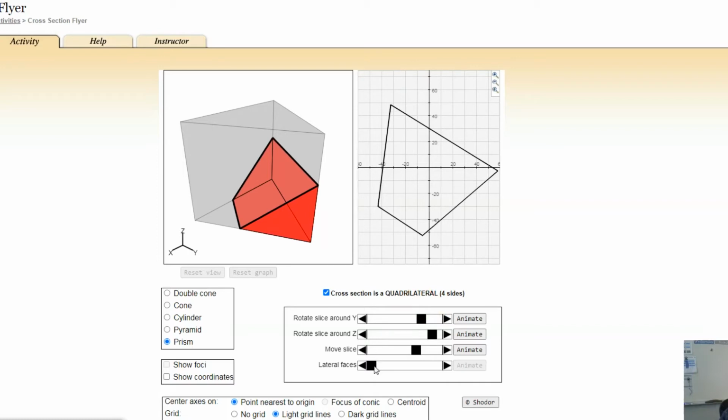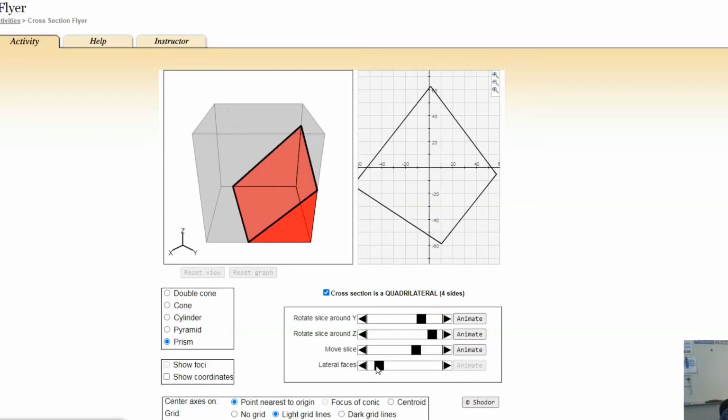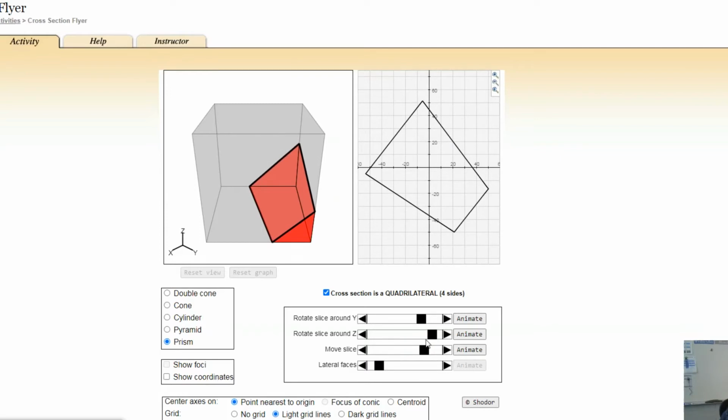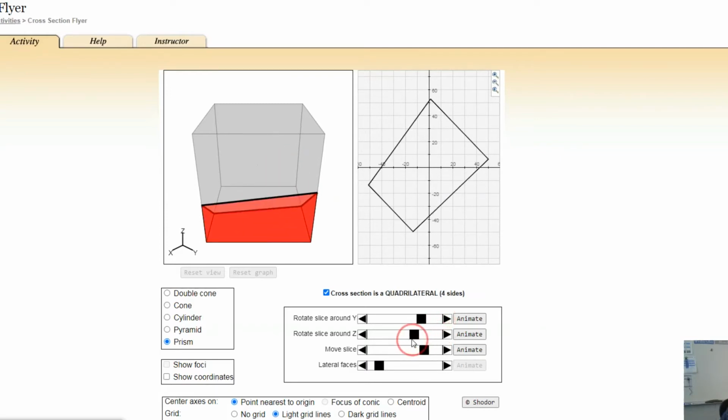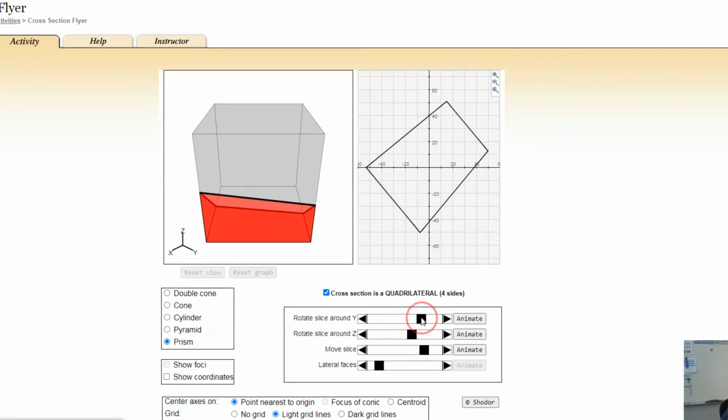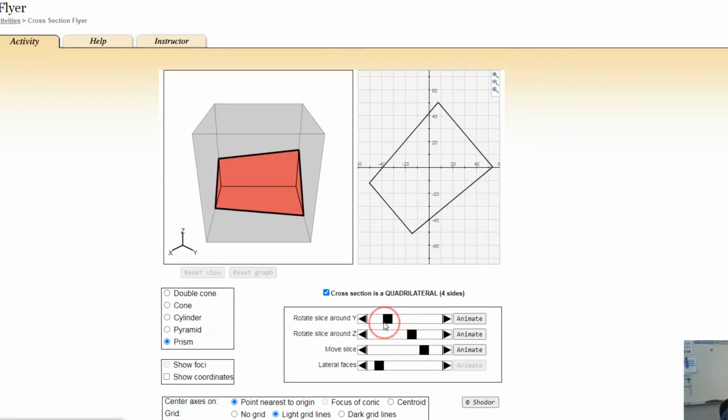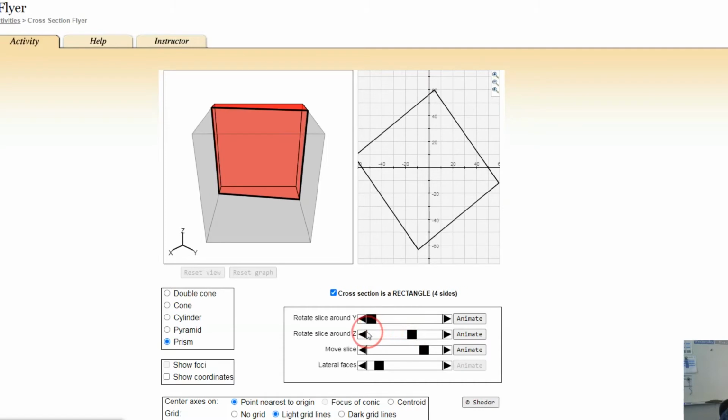So let's look at our prism that is a rectangular prism. This I can move, and this I can move, and then this I can also move. So we were looking at straight, perpendicular cuts here.